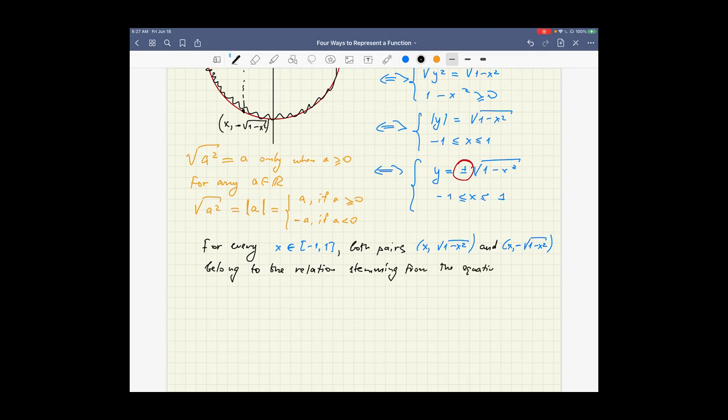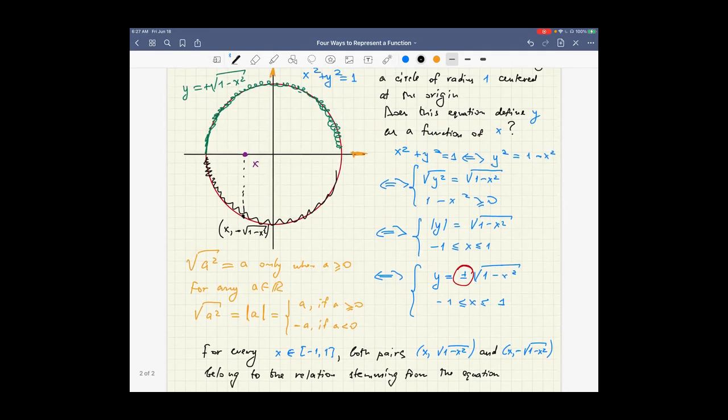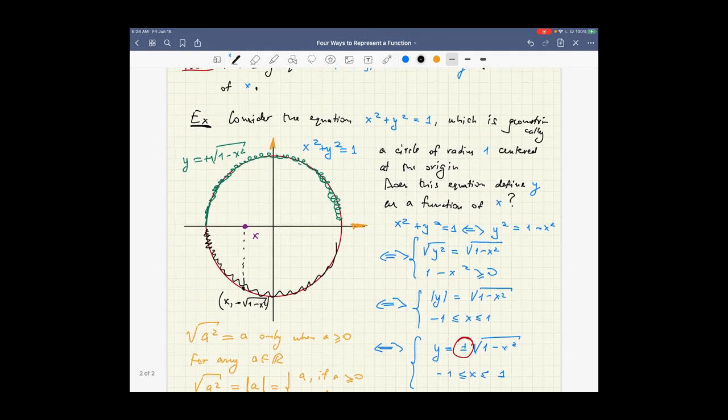This equation certainly determines a relation where we say that x is related to y whenever x and y satisfy this equation.